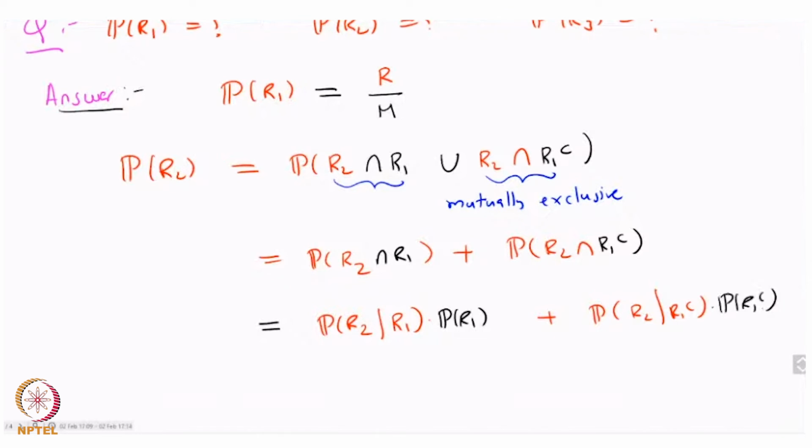This just follows from conditional probabilities, right? This is okay because the probability of R1 and the probability of R1 complement are both positive. From this I immediately know the probability of R1 complement is just going to be m minus r divided by m.